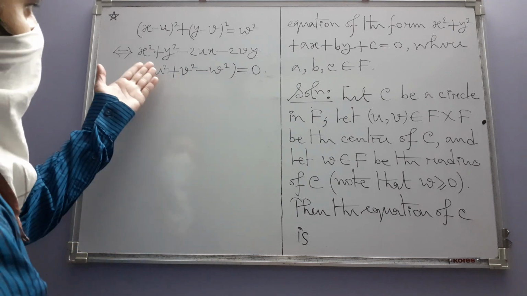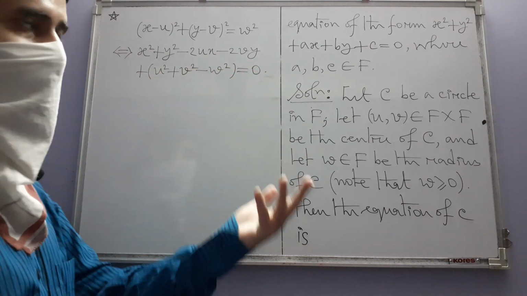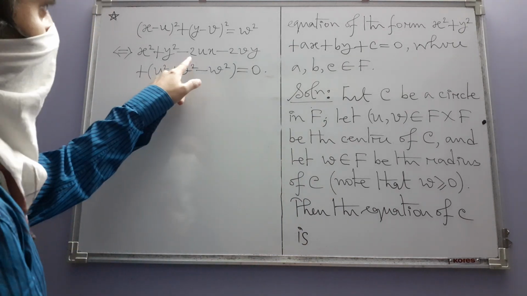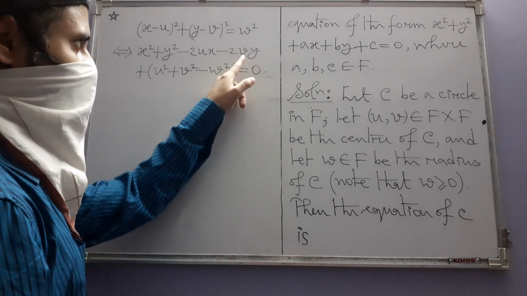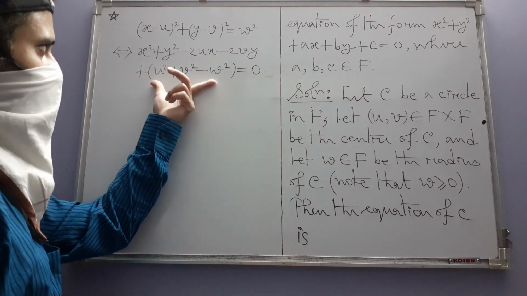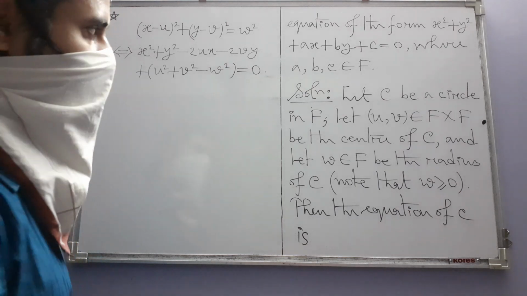So definitely this equation is in that form where x square plus y square is just that, and a is minus 2u, b is minus 2v, and c is this. So all of them are elements in F.